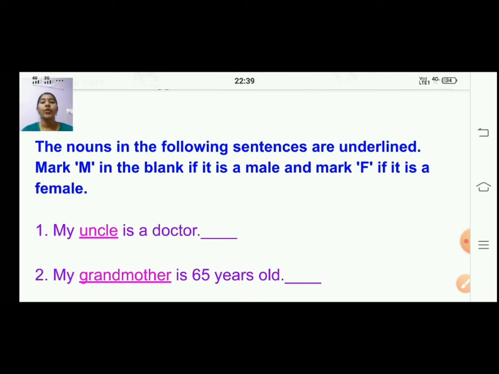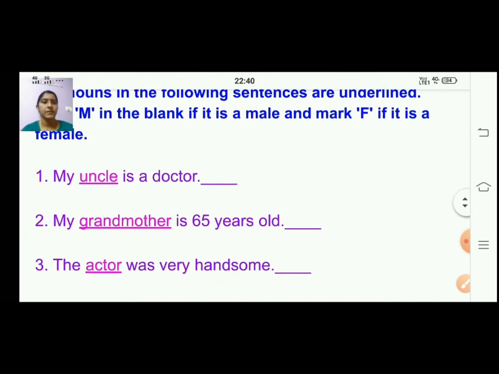So you're going to see the words which are underlined here. If it is a male, then write M. If it is female, then write F, right? Feminine gender. Shall we do this now?